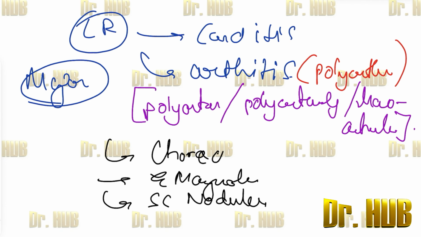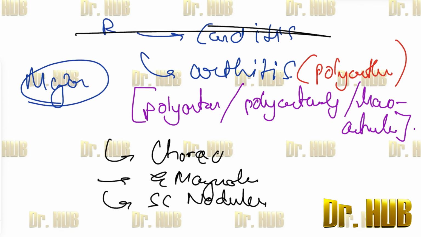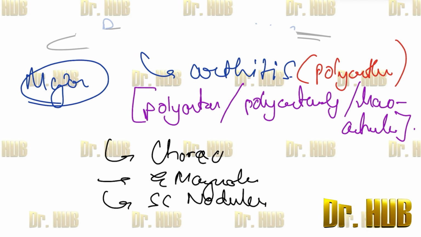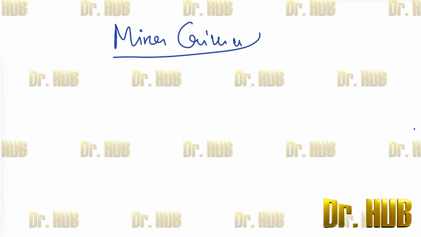Now quickly jumping on to the minor criteria. So what is happening in the minor criteria? Here in case of the minor criteria, there is the polyarthralgia as well as the monoarthralgia.